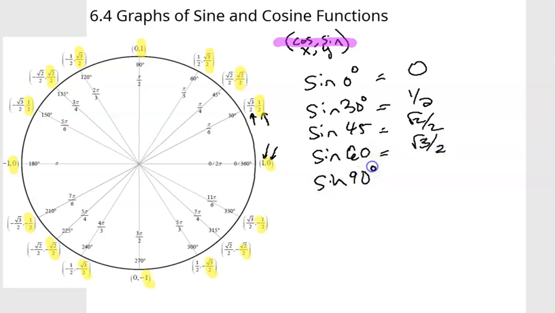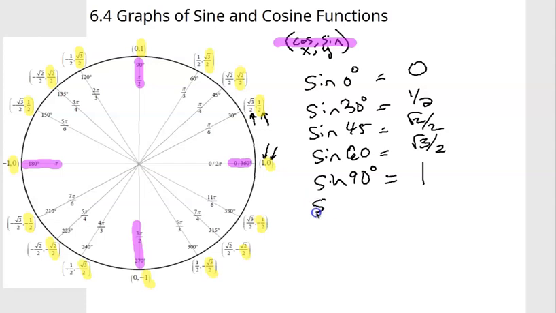Now, I'm not going to go all the way around, but I want you to understand what I'm doing. The sine of 90 would be 1. If I keep going around, I'm just going to highlight certain ones specifically: 180, 270, and of course, 360, 0, 90. If you're aware of those, it's going to help you a lot to be able to graph what we're about ready to do.